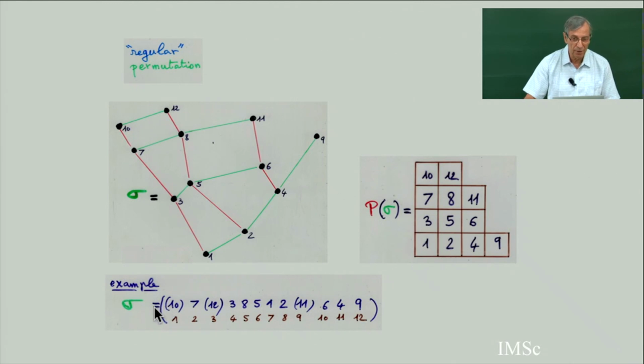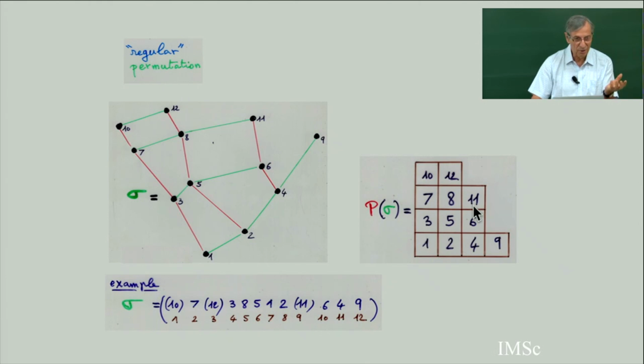It's like this. You see, if you take this permutation, it's a regular permutation, and the P symbol of such a regular permutation will always be exactly the same as the Young tableau. You start from a Young tableau, you get many possible regular permutations, and each of these permutations will get as P symbol exactly the tableau you start from.